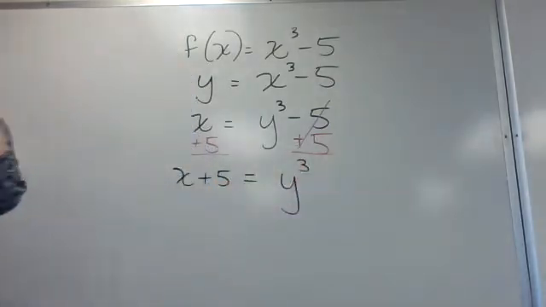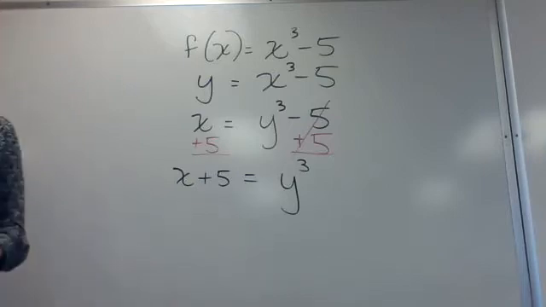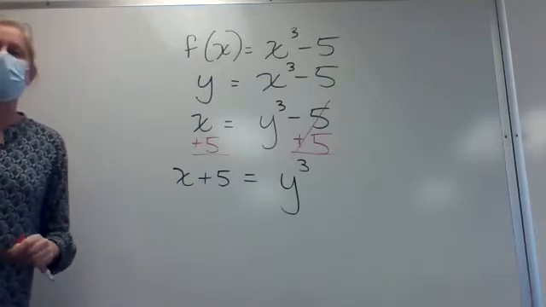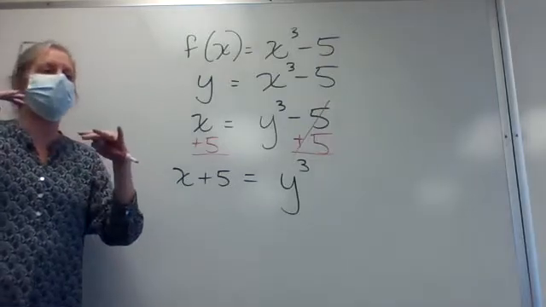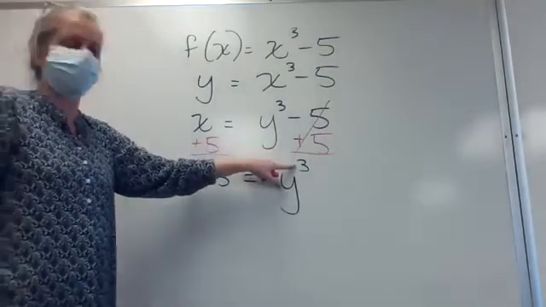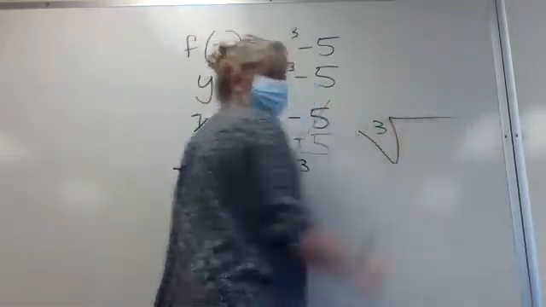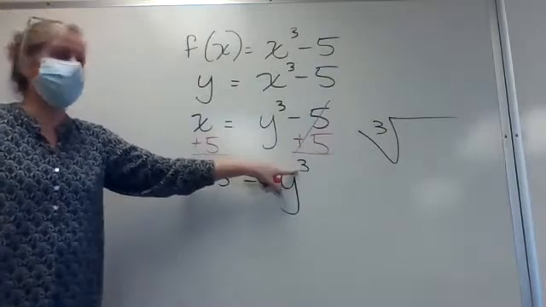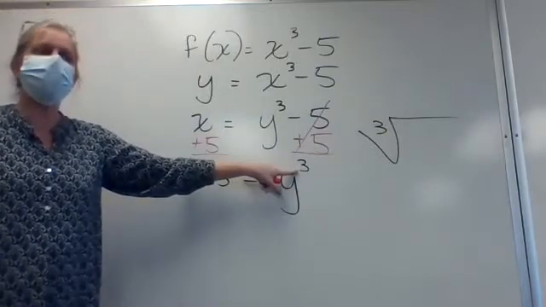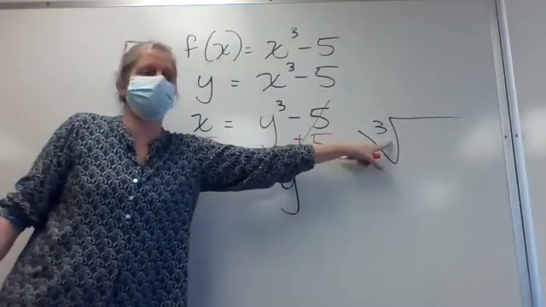This is what we have not seen yet. So I need to get rid of that third power, right? So that y will be alone. I need to find out what is the opposite of cubing something. Not square, but the same idea. Whatever the power, if you're trying to cancel it out, use that same root number to cancel it out.